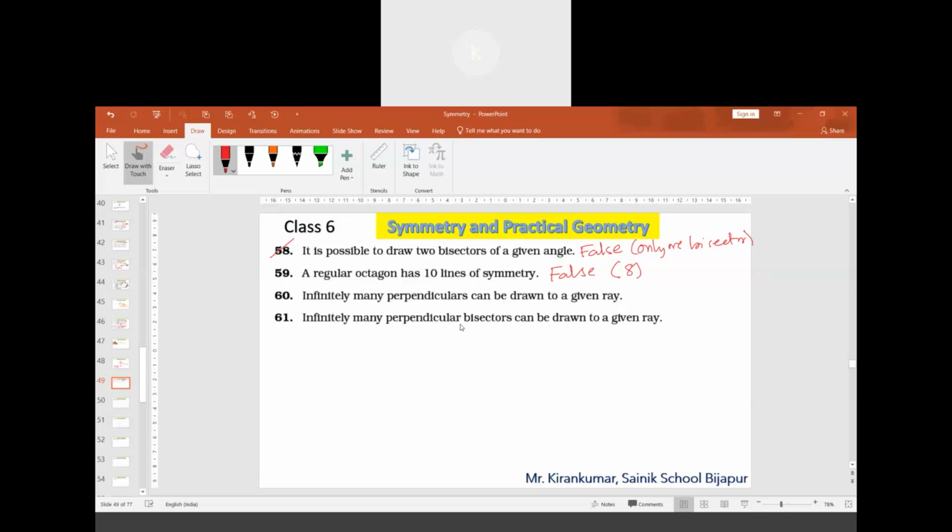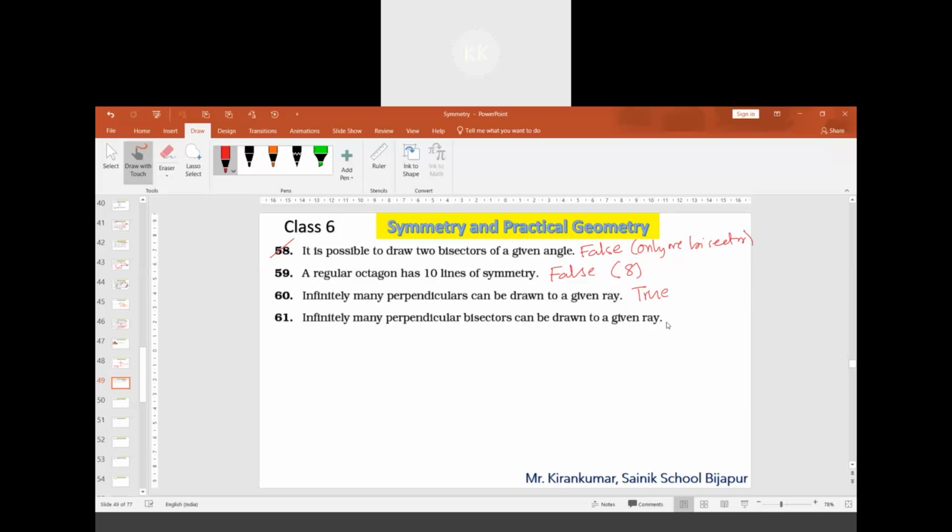Infinitely many perpendiculars can be drawn to a given ray. Is this statement true? Yes, sir, with a ray we can, not in the line segment.